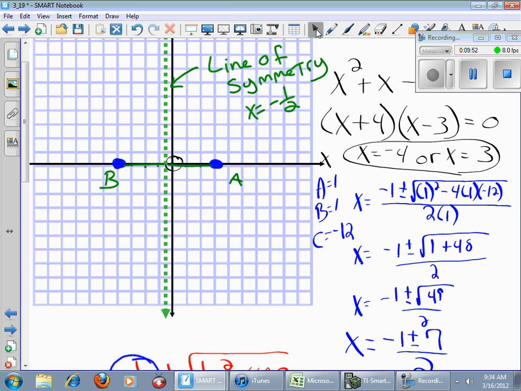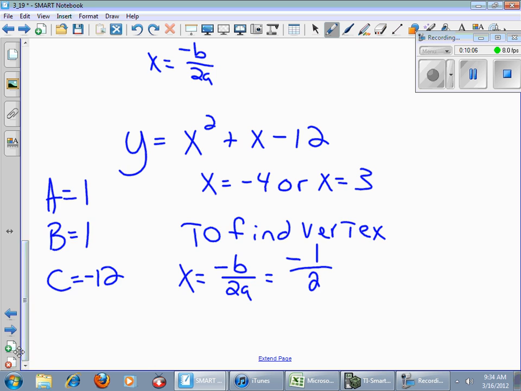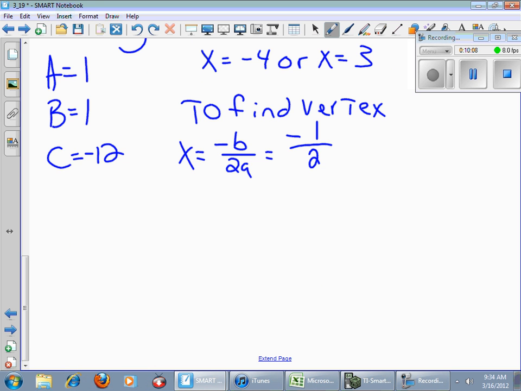Okay, now those little green lines aren't part of the graph, so I'm going to take them out of there so they don't confuse you. All right, and I am going to do the math to find the y-coordinate of the vertex. So I know that x is -1/2. I'm going to do y equals (-1/2) squared plus (-1/2) minus 12, and these parentheses are going to become very important here.